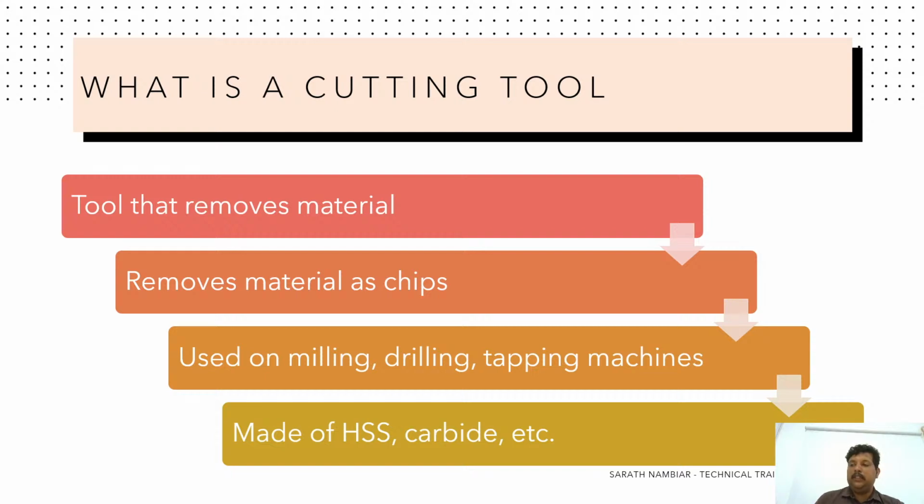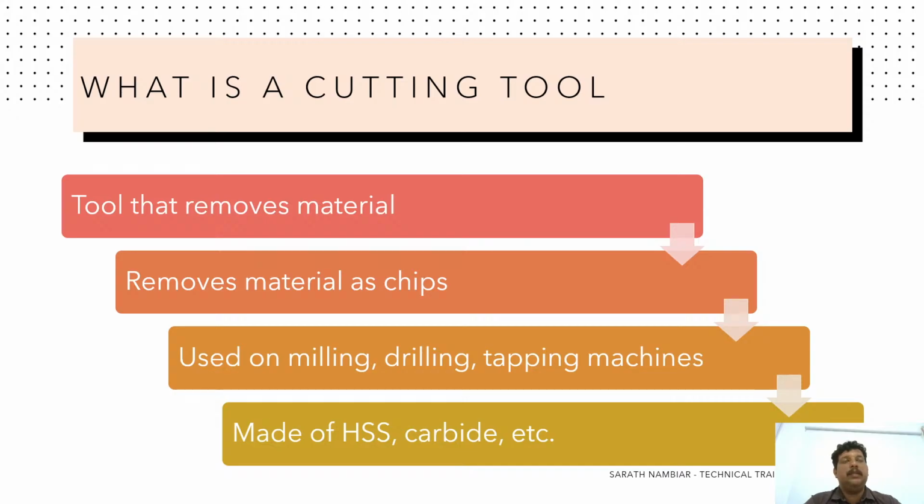Now, very important thing, the cutting tool must always be harder than the workpiece. What will happen if the tool is softer? I am using a material and my cutting tool is softer than that. What will happen? Instead of cutting the material, the tool will start wearing out and it will end its life.